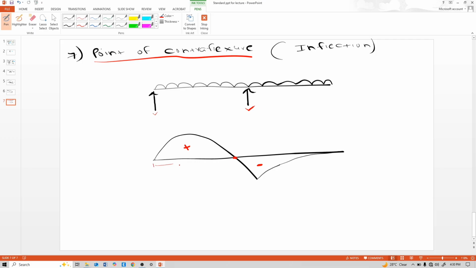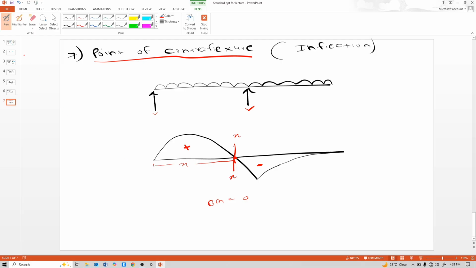This distance x we calculate by taking the bending moment at this section XX equal to 0. It definitely occurs in the case of an overhanging beam within the supports. The point of contraflexure is calculated by equating the expression of bending moment to 0.